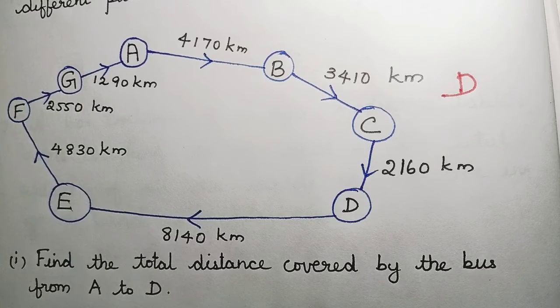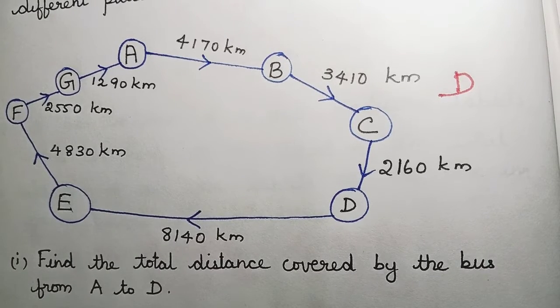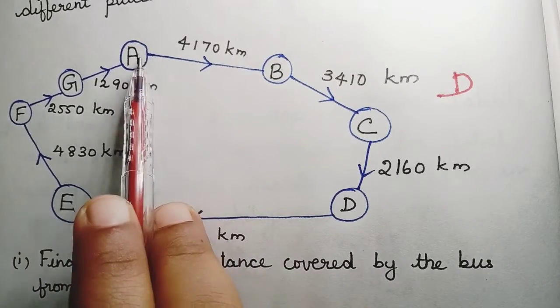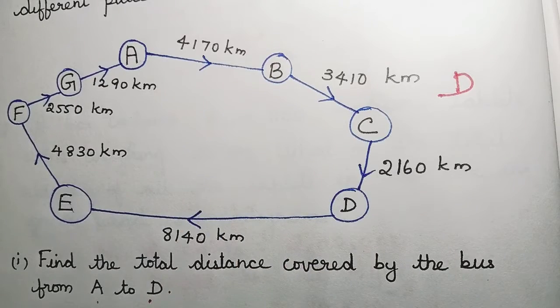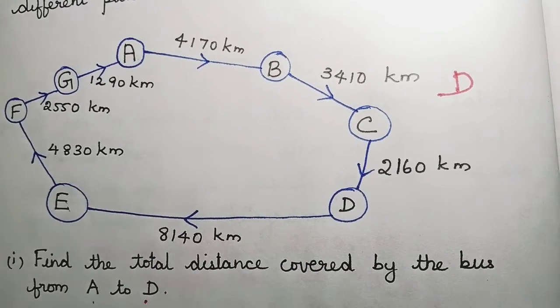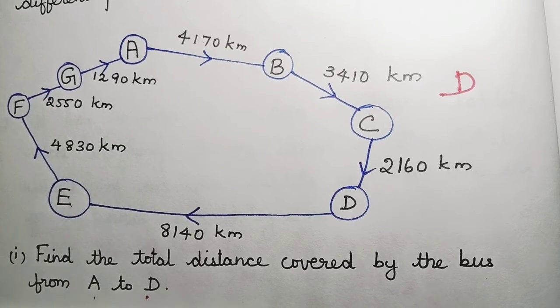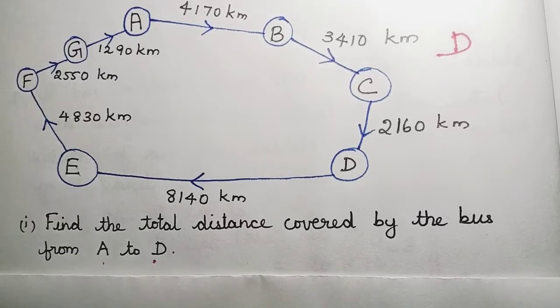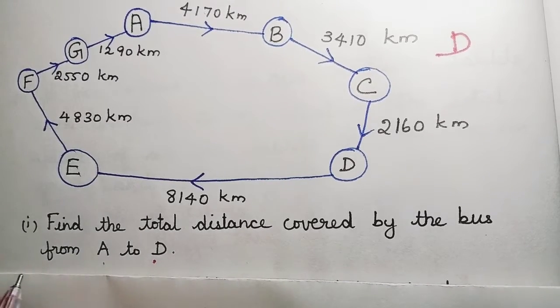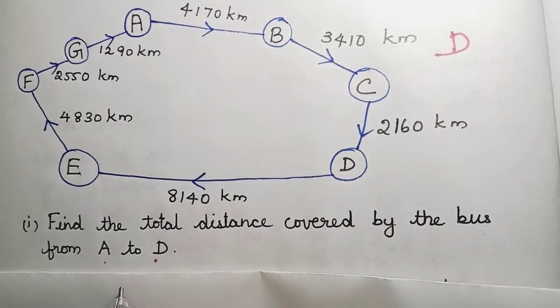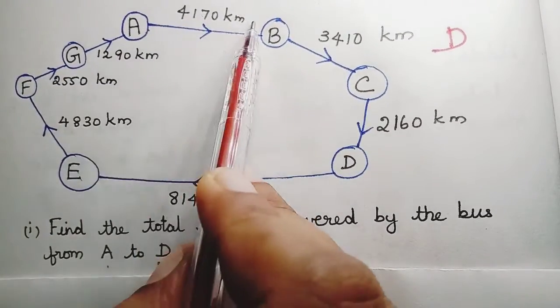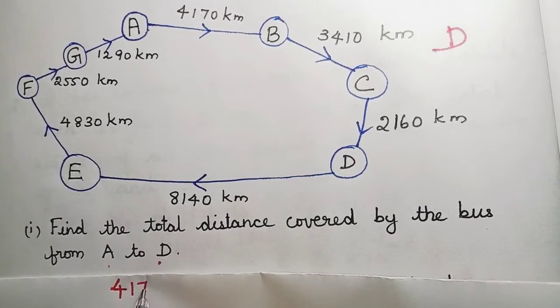The first question is, find the total distance covered by the bus from A to D. From A to D means from A to B, B to C, C to D. You have to find the total distance, right? You don't need to apply any formulas, just add all the distances. So the solution is to add 4000, this A to B, that is 4170.